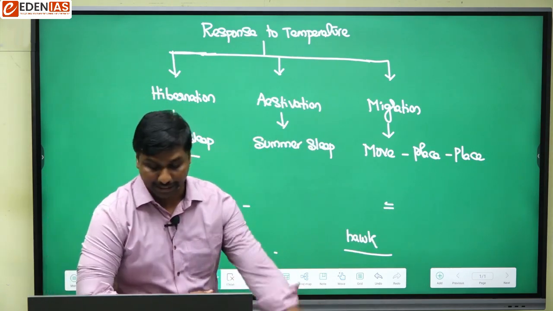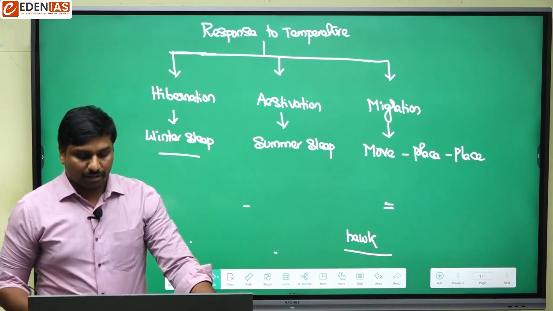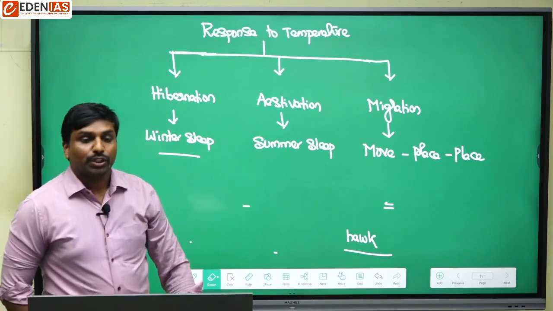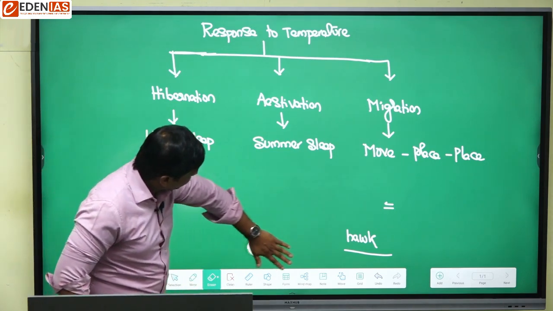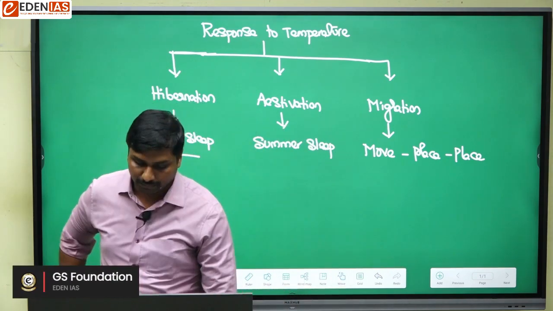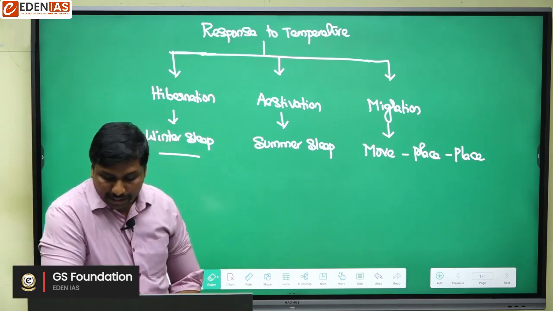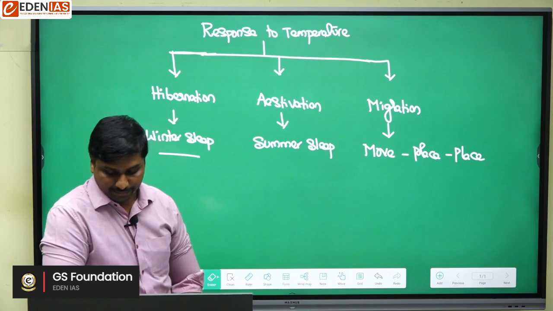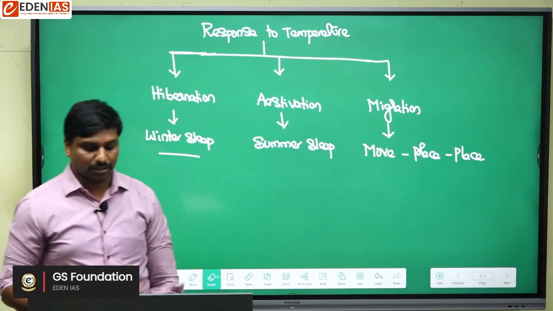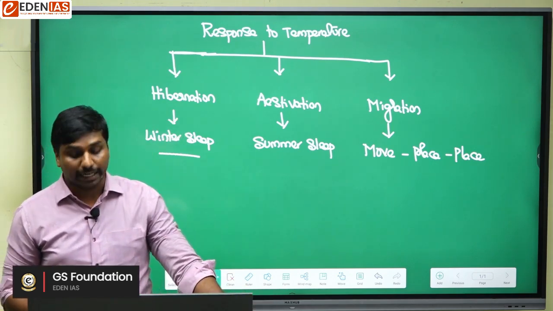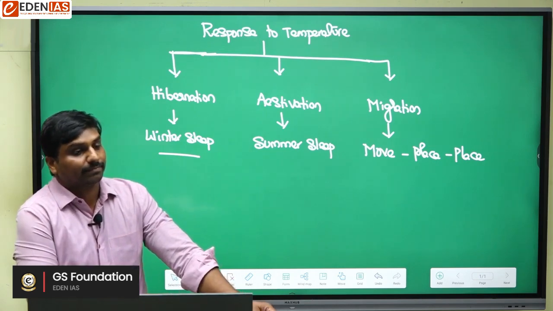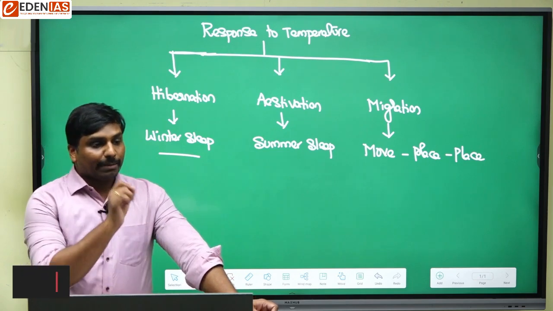There you mentioned the next point stating that estivation is generally done to protect themselves from hot and dry climate, and due to scarcity of food and water. Okay, keep a full stop and write in the same point.